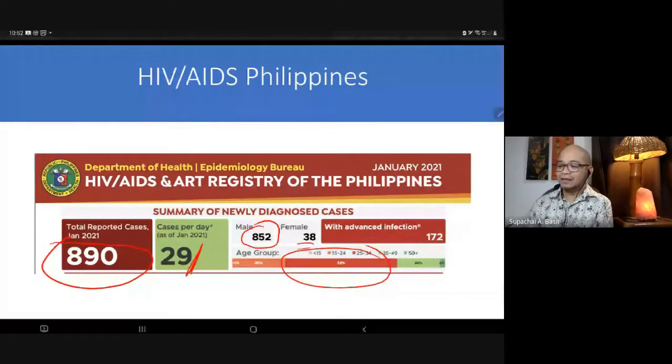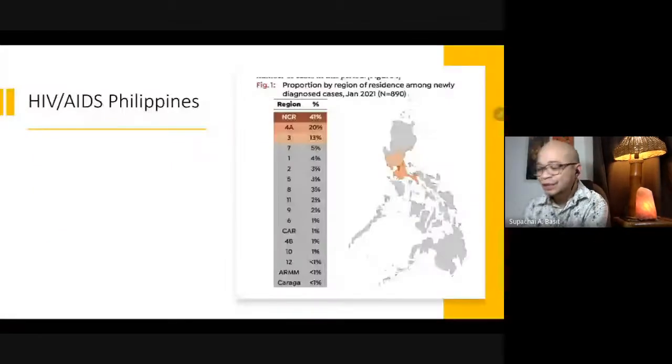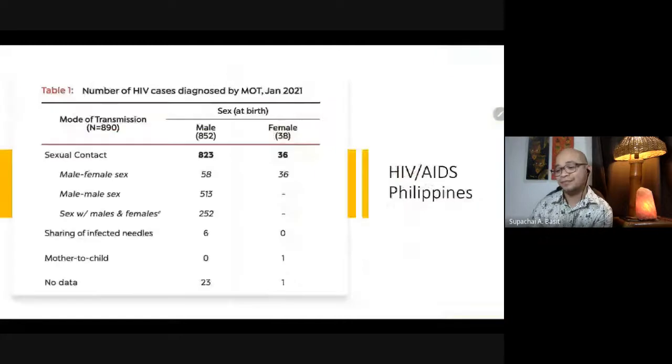So in the Philippines, the majority of the cases are found in NCR, and next is Region 4A, where our province belongs, at 20%. And then next is Region 3. And in the Philippines also, the most common is male to male sex.